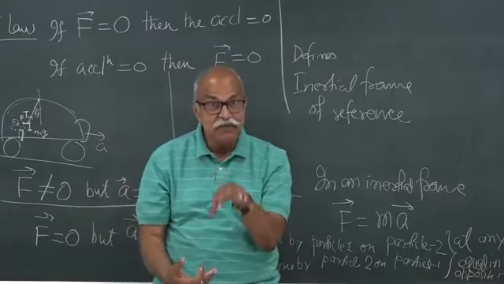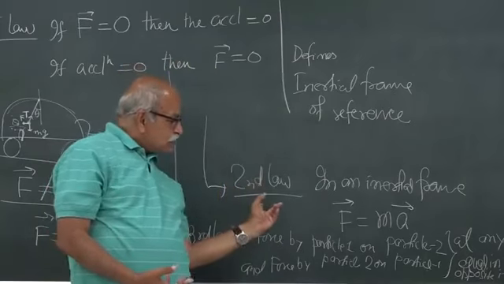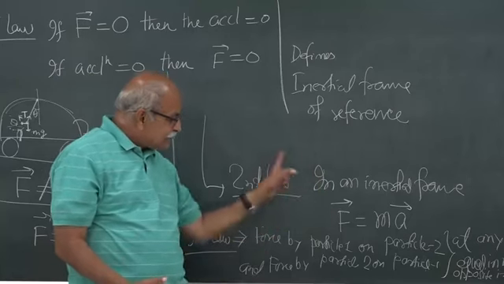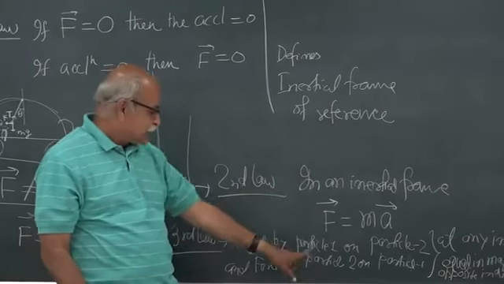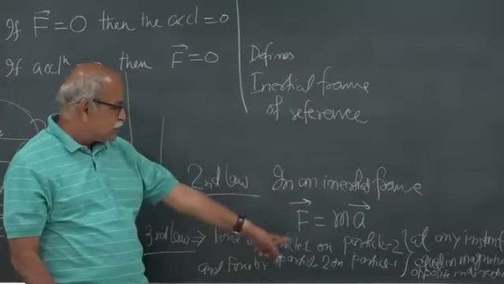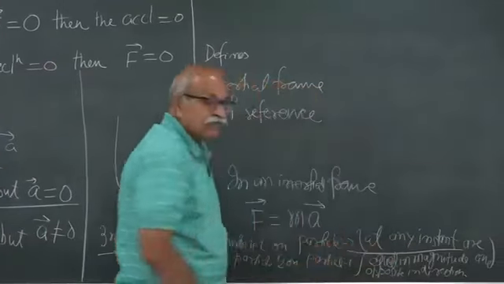So, that is very, very important. So, if you have two objects, one is exerting force on the other, the other is also exerting force on the first one. So, that is it, force by particle 1 on particle 2 and force by particle 2 on particle 1 at any instant. This is also very, very important.